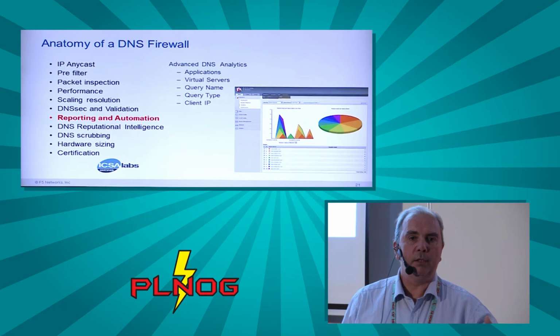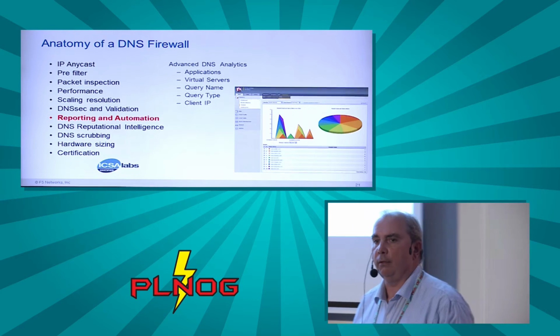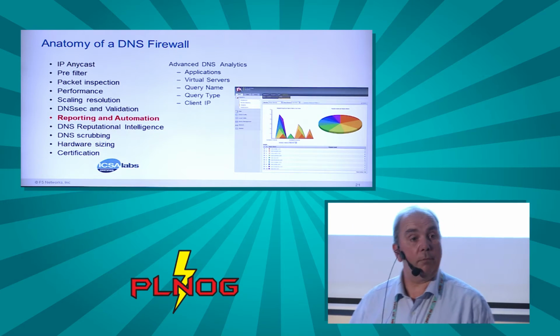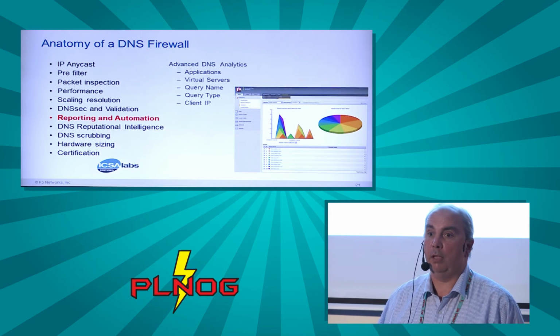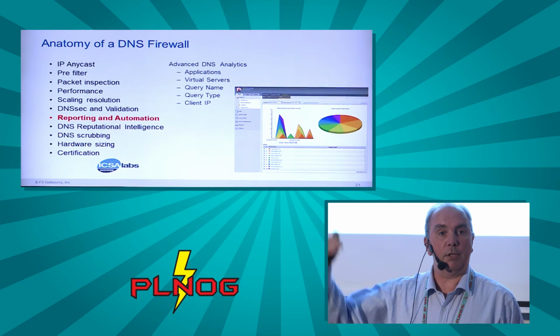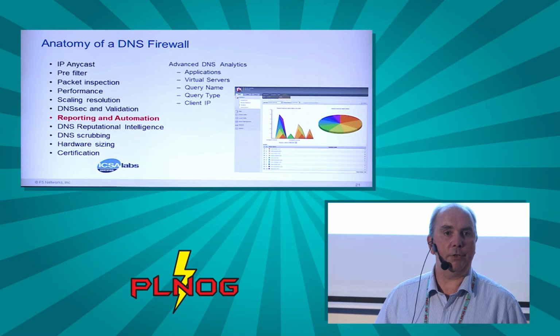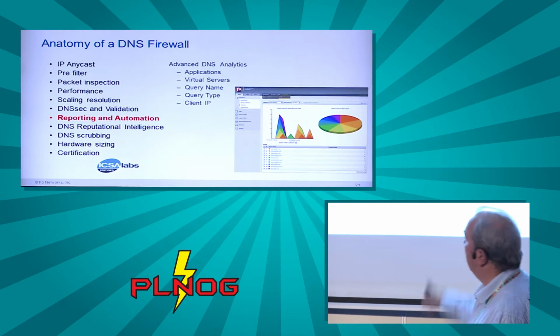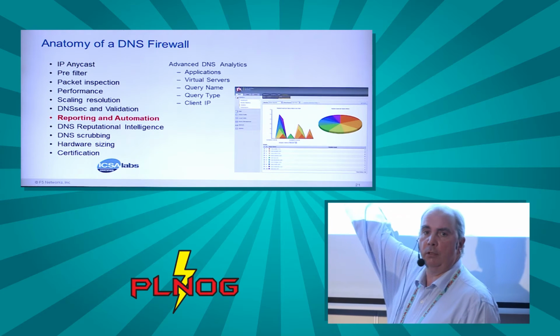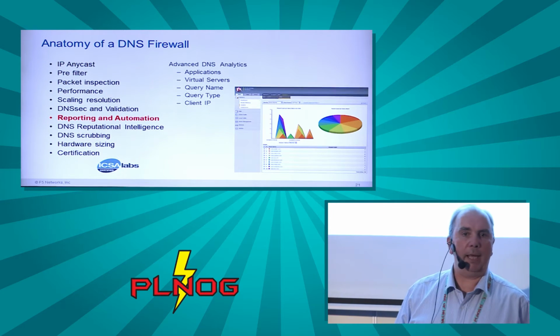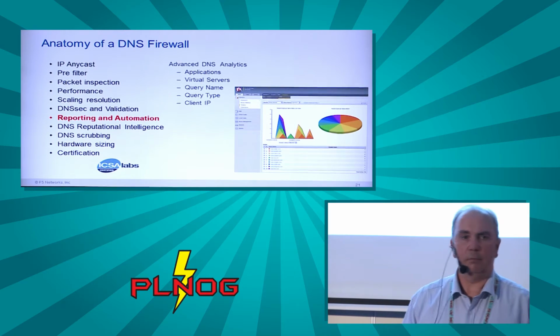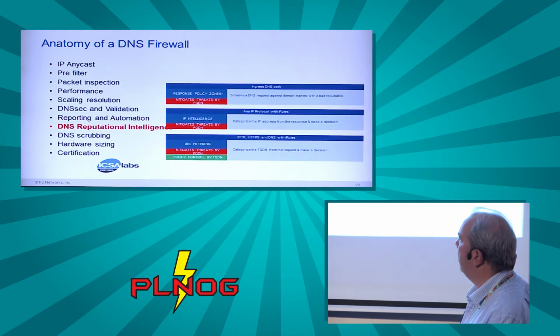So if you log everything, and you report on everything, which some governments ask you to do, then expect the CPU utilization to go up and your number of resolutions to go down. Okay? It's just part of the design and the architecture. But you need to know, as you put reporting and automation on, what impact it will have in the real world. Talk about that a bit later on.